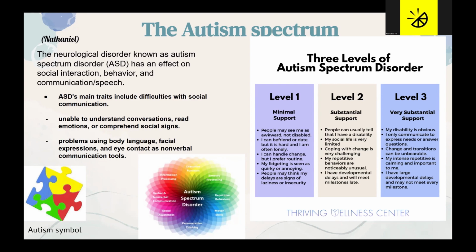The second level is needing substantial supports. Individuals may have more serious social and behavioral problems at this stage, needing constant support. They might have more trouble communicating verbally as well as non-verbally, and they might find it harder to start or continue social interactions on their own.